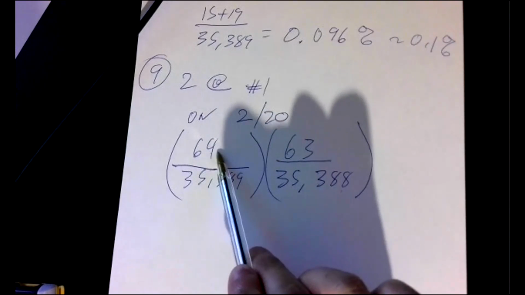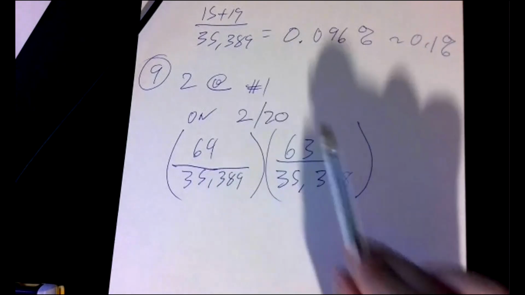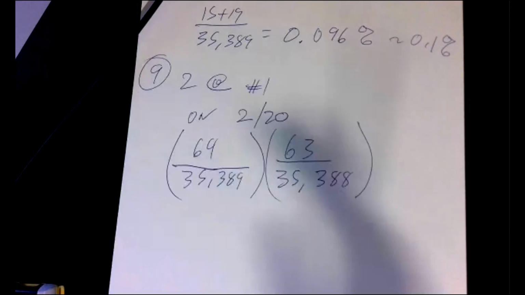This is the first person, we remove that person, and then we get the second. This is going to be very small.